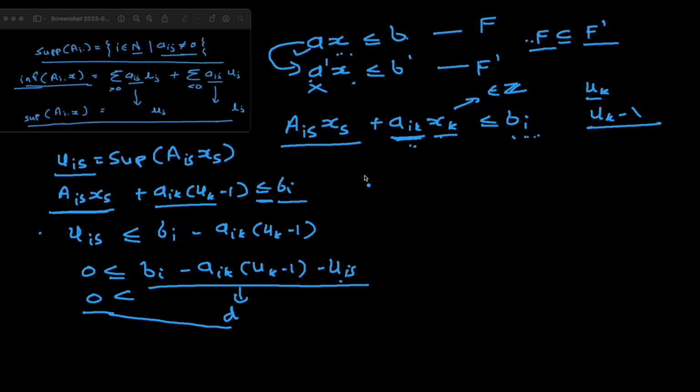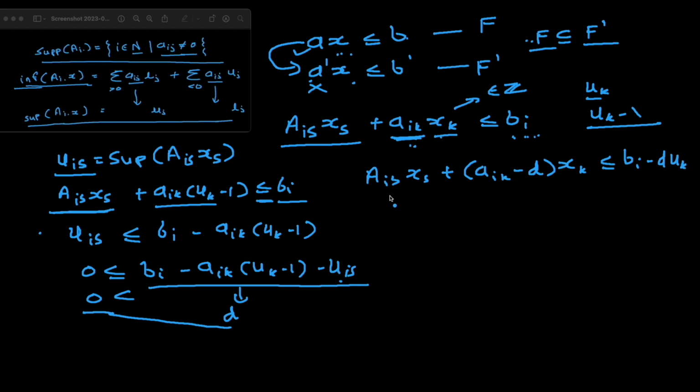So let's consider this particular constraint: AIS XS plus, instead of using AIK, we are going to use AIK minus D. This is my coefficient of xk, and the right hand side I am going to modify to BI minus D times UK, right?